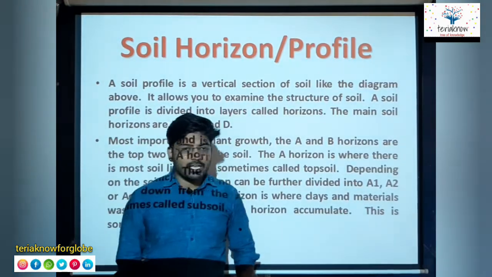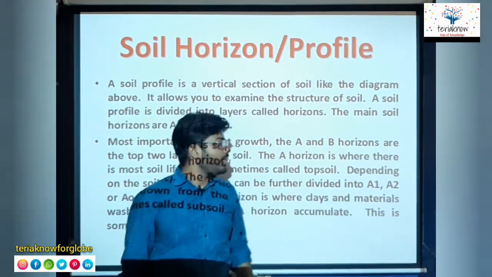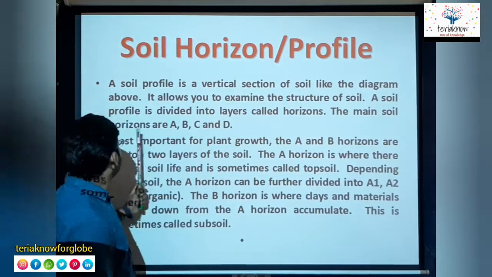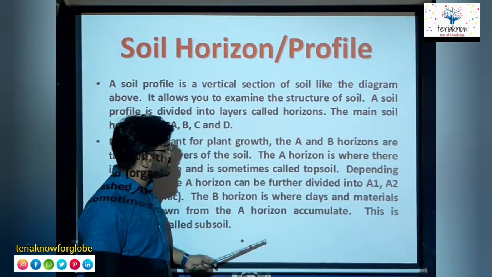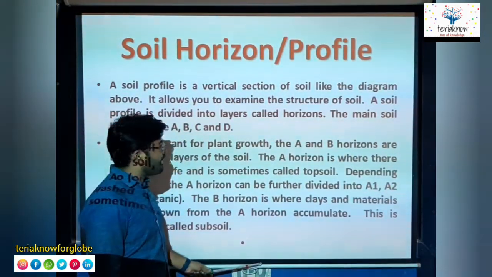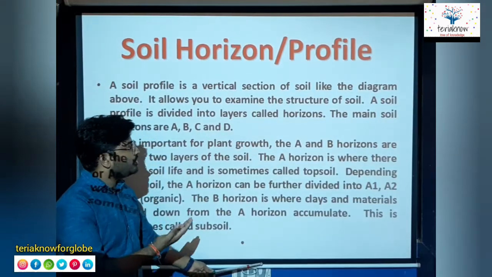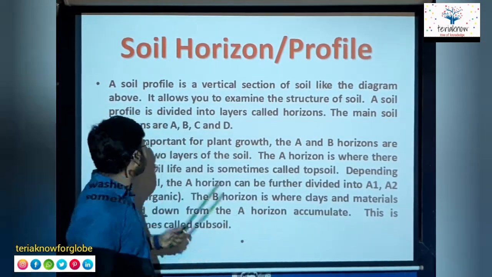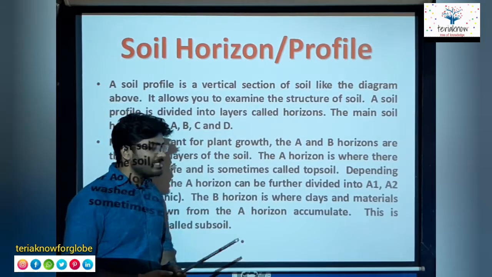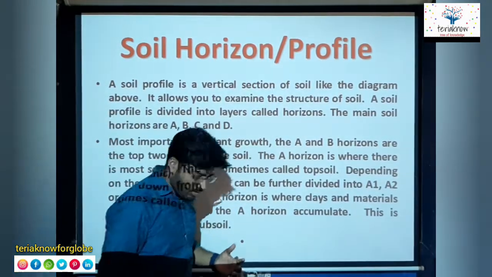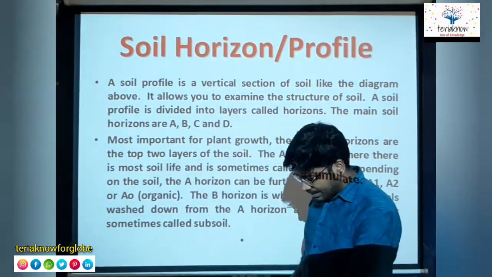A soil profile is divided into layers called horizons, and the main soil horizons are A, B, C and D.